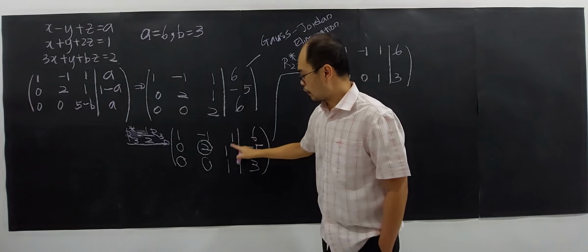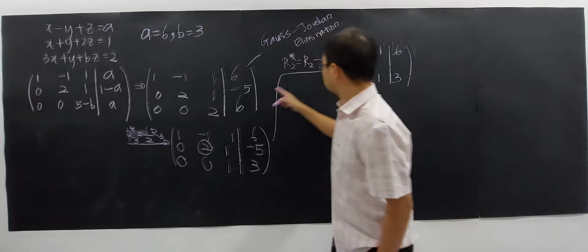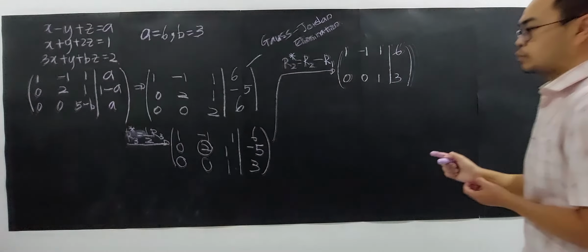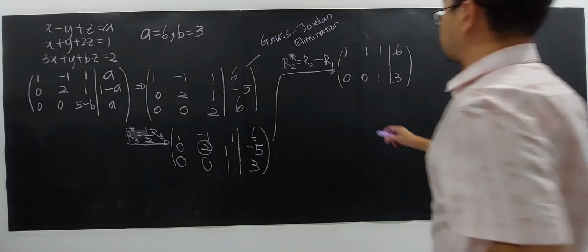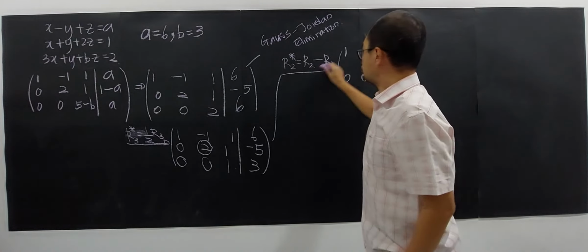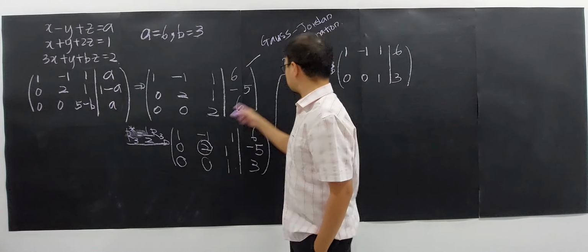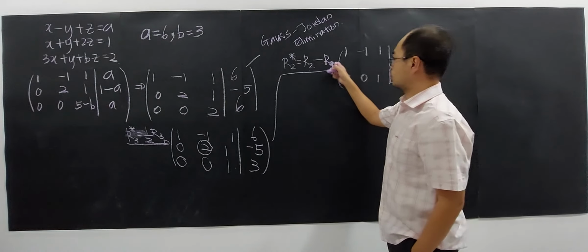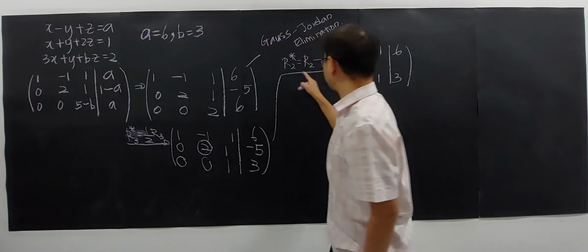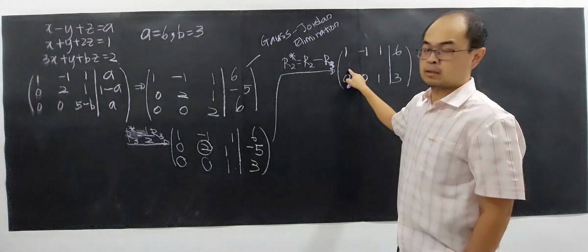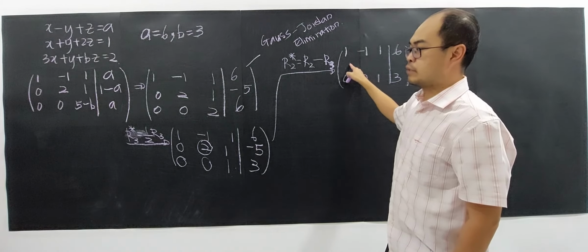Before that I have to make this become 0 first. So I'm taking row 2 minus row 3. Just now I was taking row 2 minus row 1, but we cannot do that, because 0 minus 1 gives a negative 1 here, which means you have actually reversed the process.